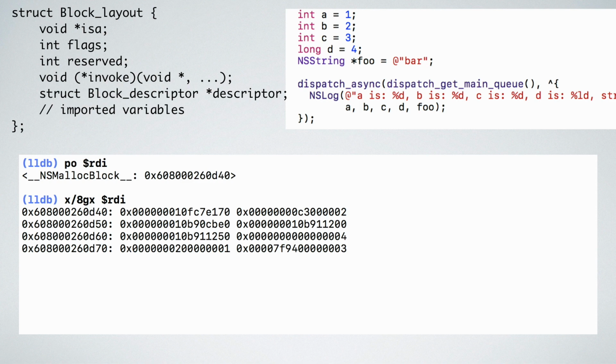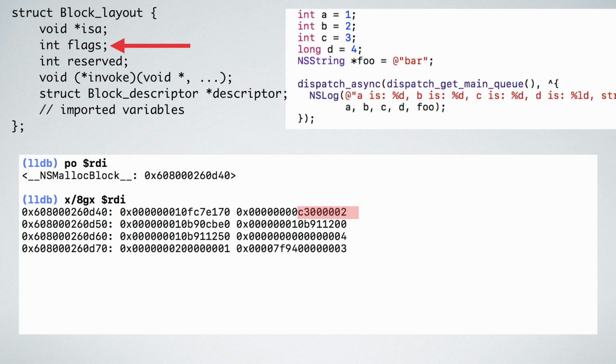Okay, so now we can correlate the block layout to the memory that's being dumped out. So here we have that ISA. This is going to be that NSMalloc block class. This is kind of interesting. There's two amusing things to note.